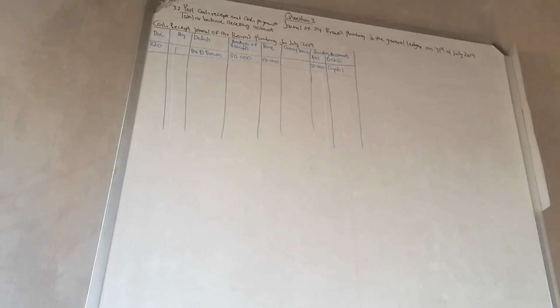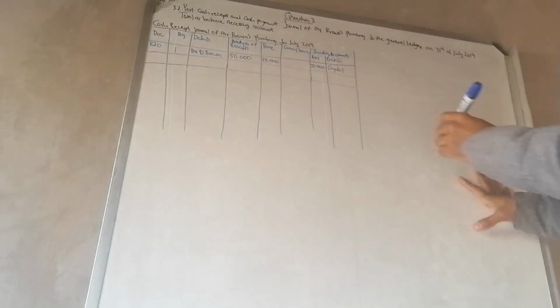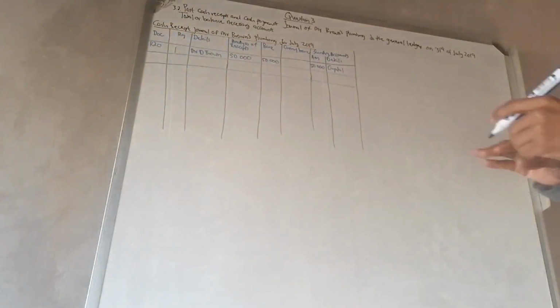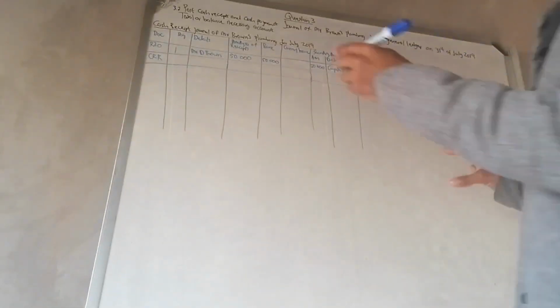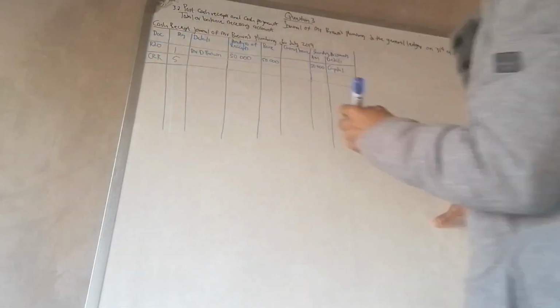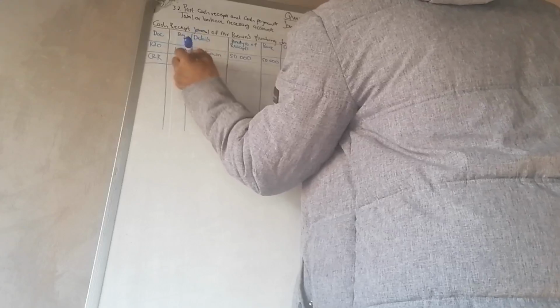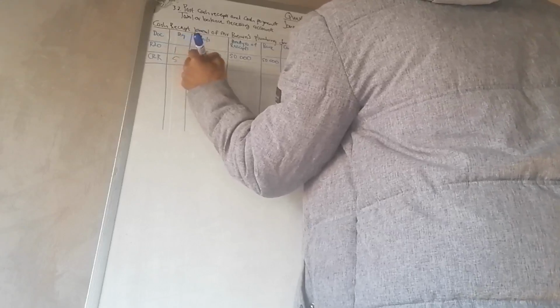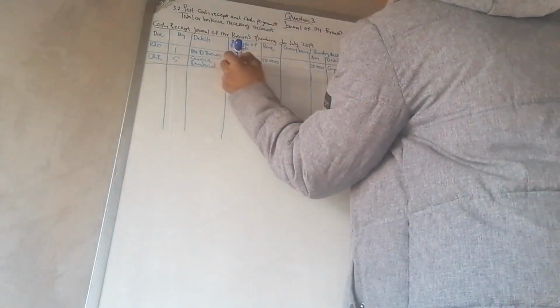The second transaction: the document number is CRR, on the 5th. The details: it was for services rendered. The analysis of receipts is 12,500.